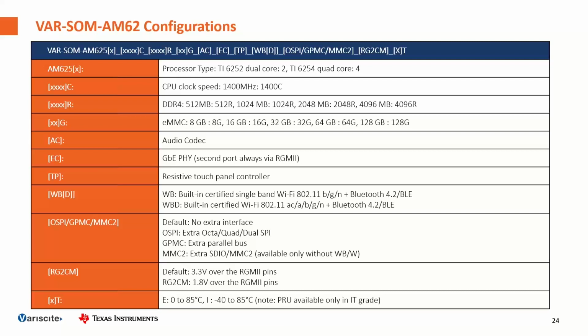And there is an optional mount option to decide if you want the reference voltage for the RGMII to be 3.3 or 1.8, but also you can decide about the grade, so if you want the extended grade or the industrial grade.